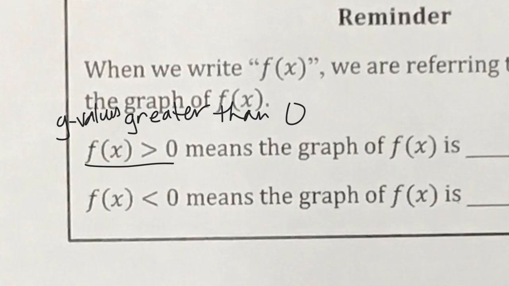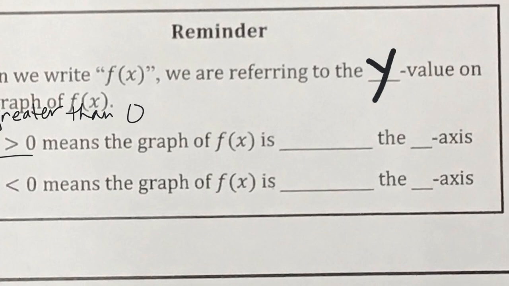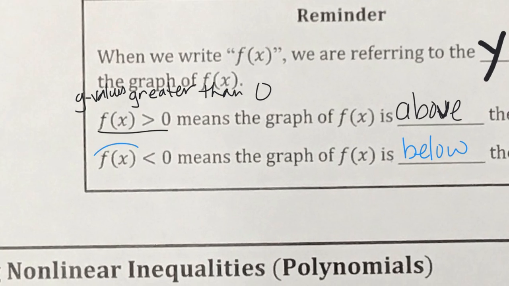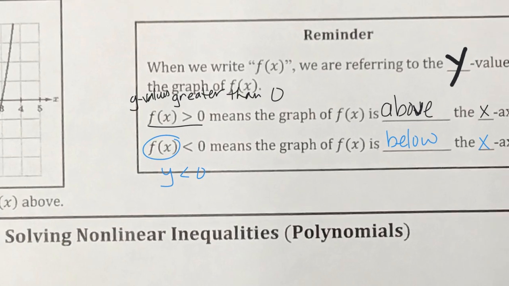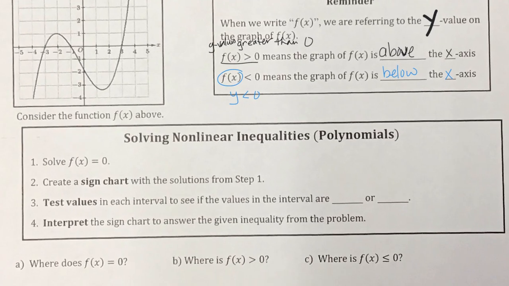If the y values are greater than 0, the graph is above the x-axis, because that's where our y values are positive. And if f of x is less than 0, then the y values are below the x-axis. So f of x means y values. Where is your y value below your x-axis? That's what this means.